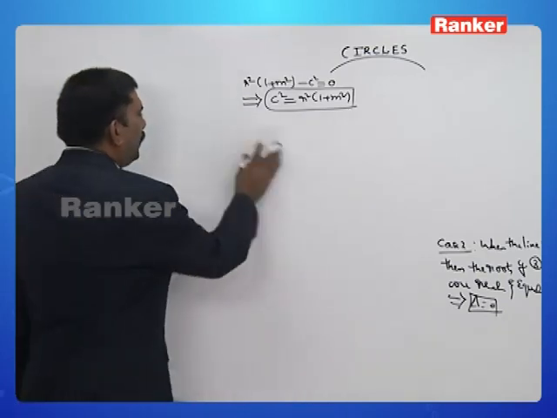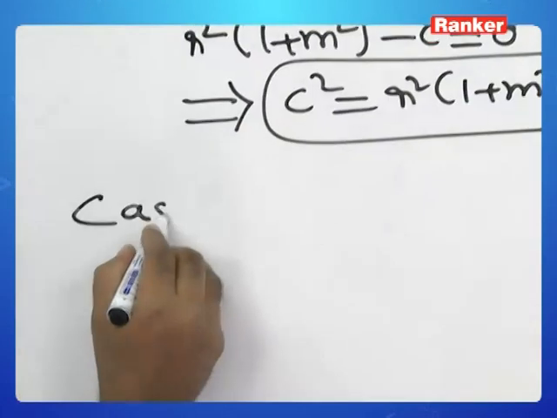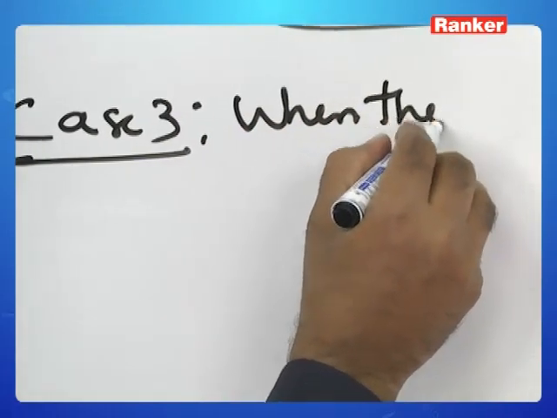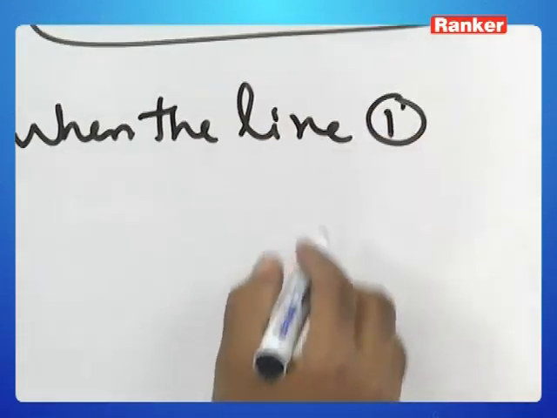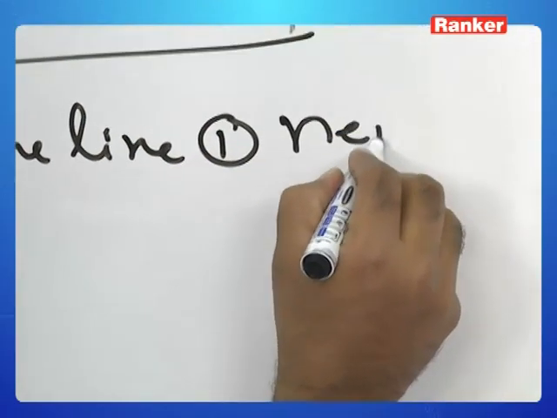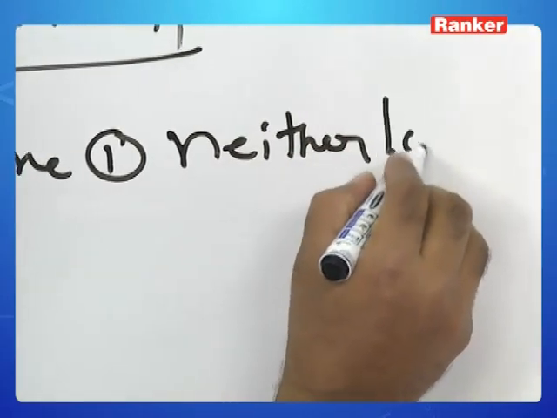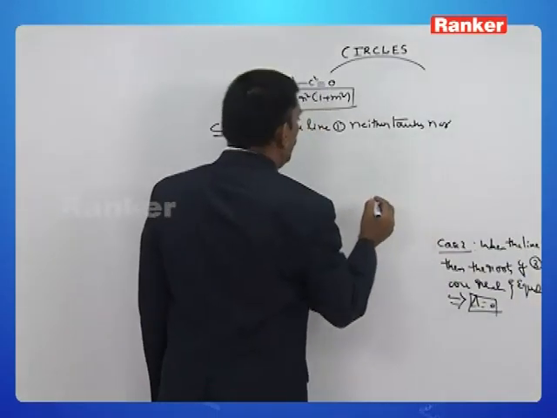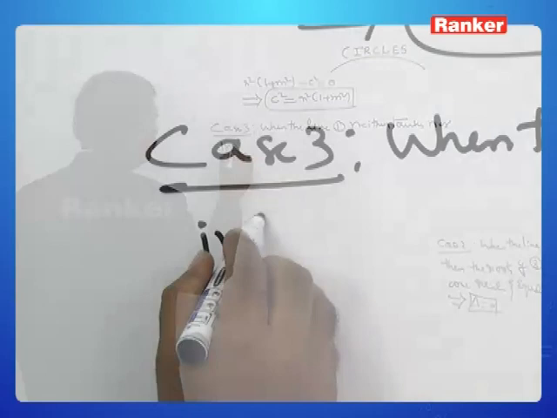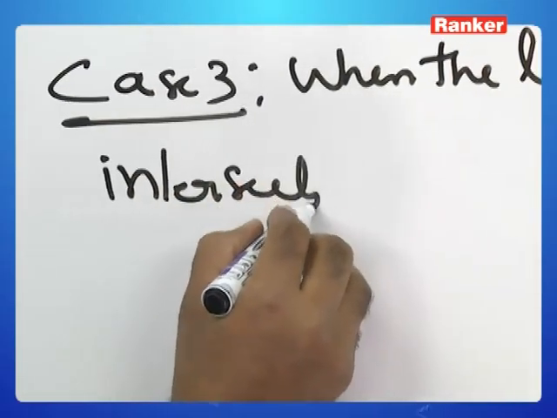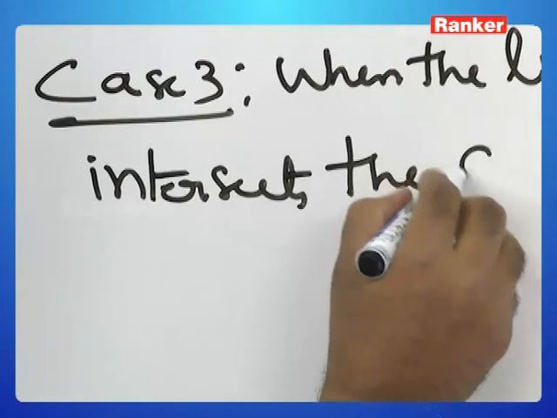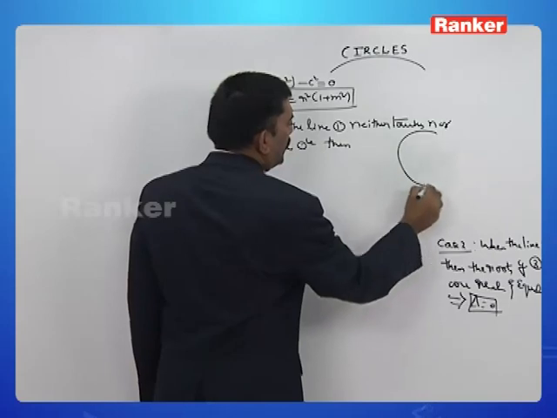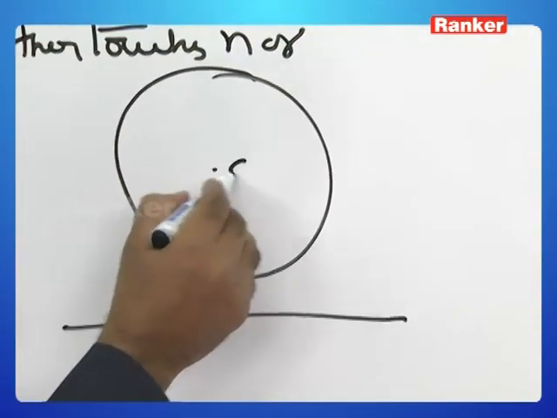Now case 3. Case 3 is when the line 1 neither touches nor intersects the circle. This is the concerned figure, and this is the center.